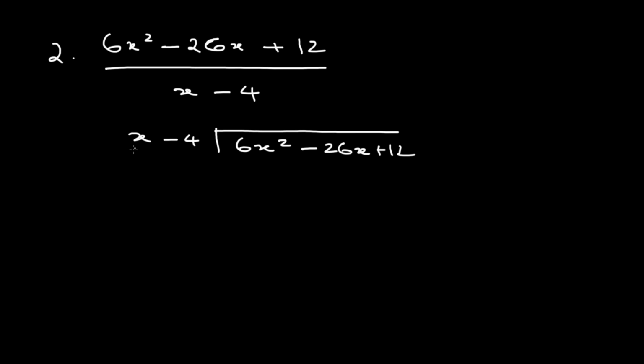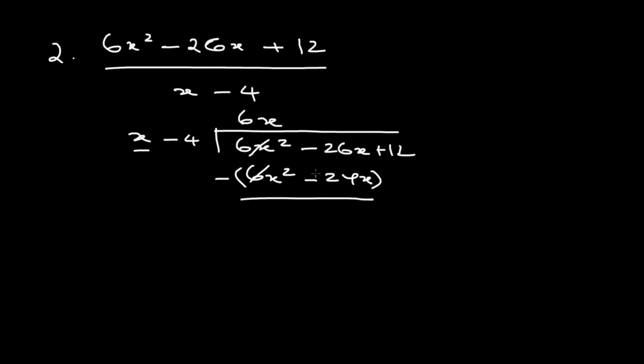So how do we start? Again, this term is the most important. We divide into here, it will give us 6x. Then we multiply 6x squared, and this is going to be minus 24x, like that. Then we take away this new structure here. This and that cancel, right?